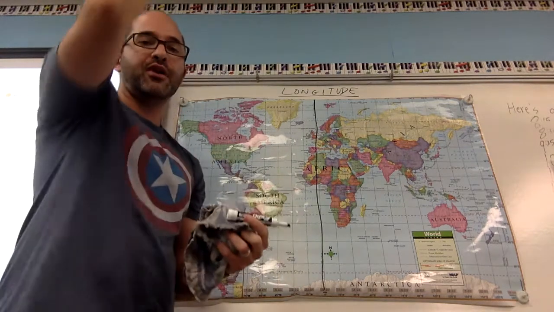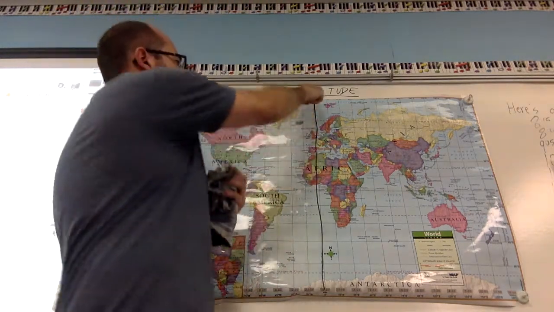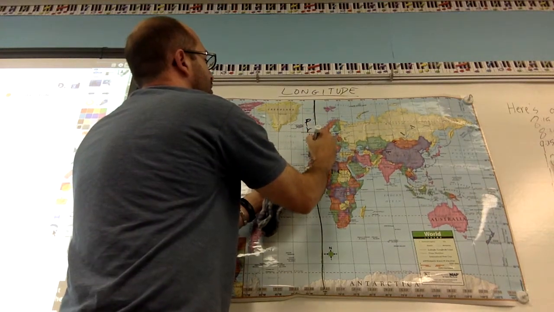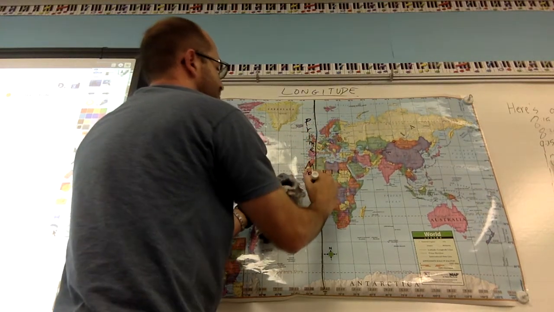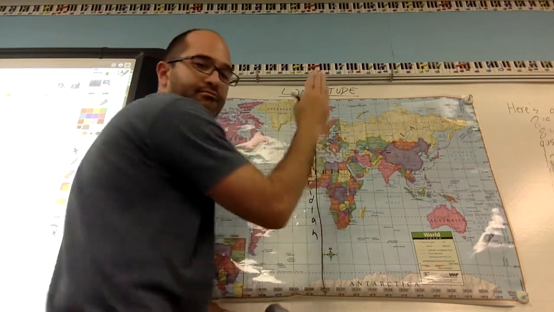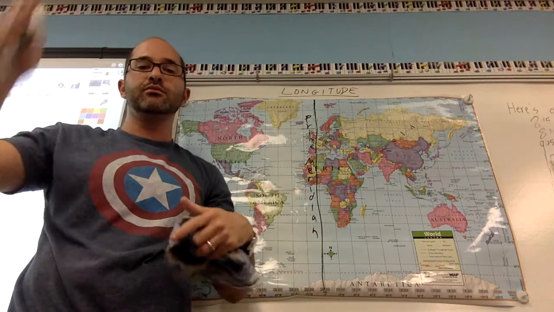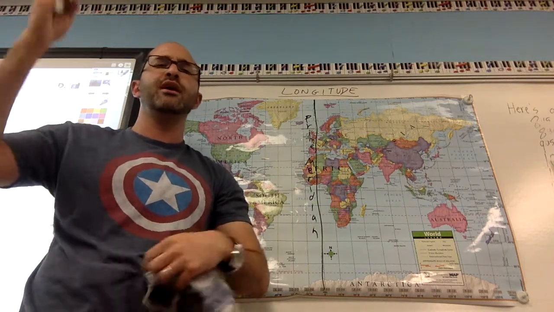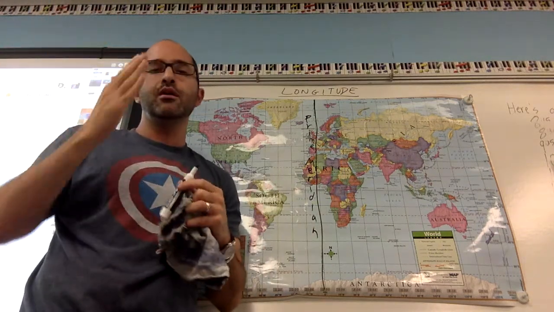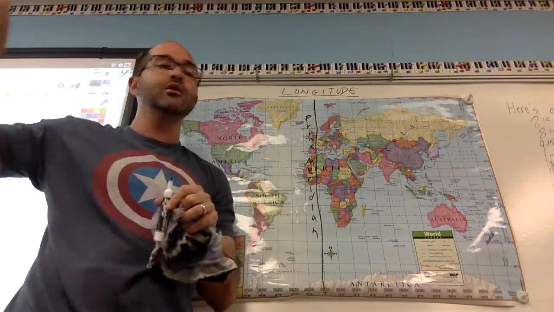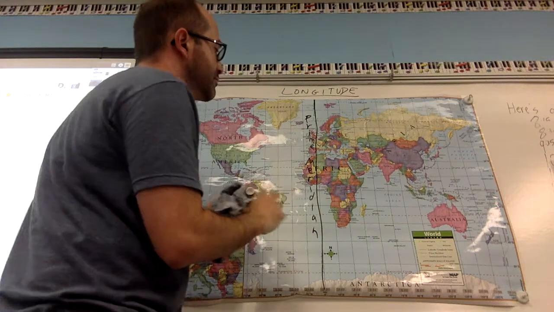Longitude lines run north-south. 0 degrees longitude is called the prime meridian. If you think of Meridian Street, Meridian Avenue in Indianapolis, it goes north-south and it divides the city of Indianapolis in half, basically.